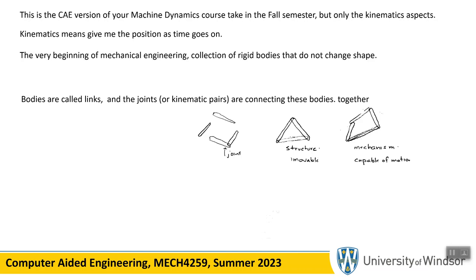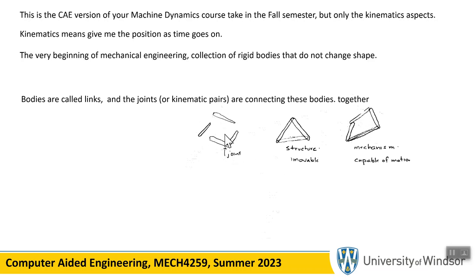All right, so here is an example where you have four bodies, four links attached together somehow. Every two of them are attached at these vertices through some joints. So this is a mechanism.